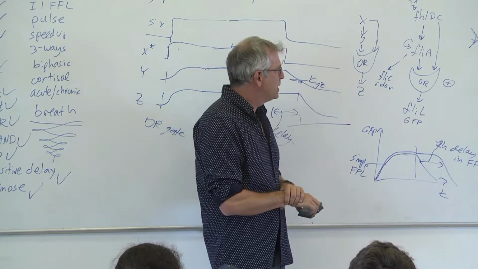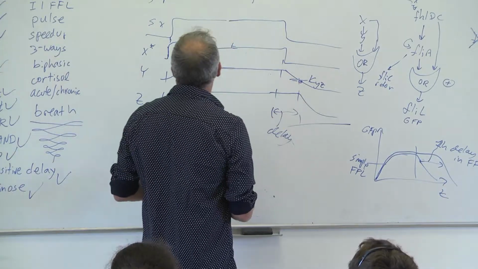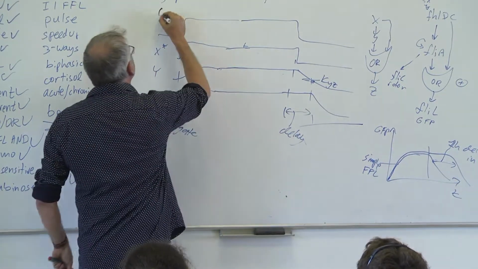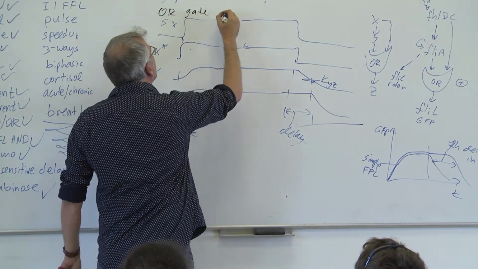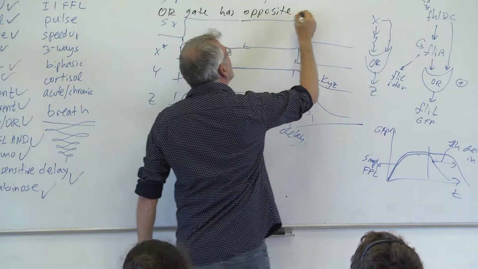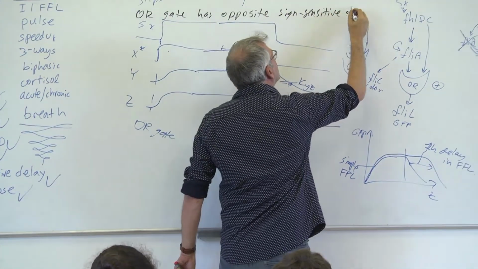And things like that. All right, so if we think about the coherent type 1 feed-forward loop, the OR gate has the opposite sign-sensitive delay.